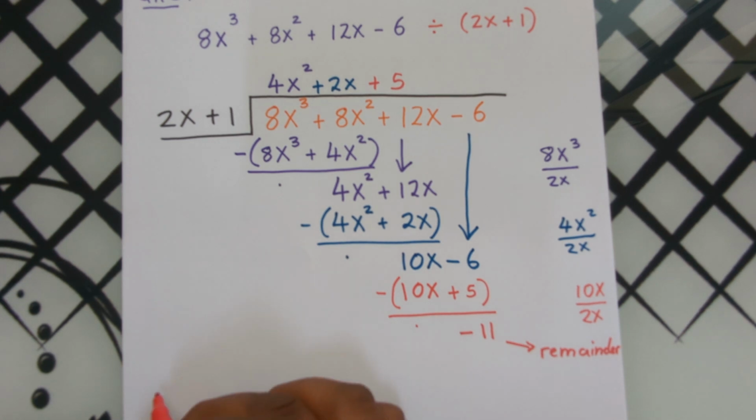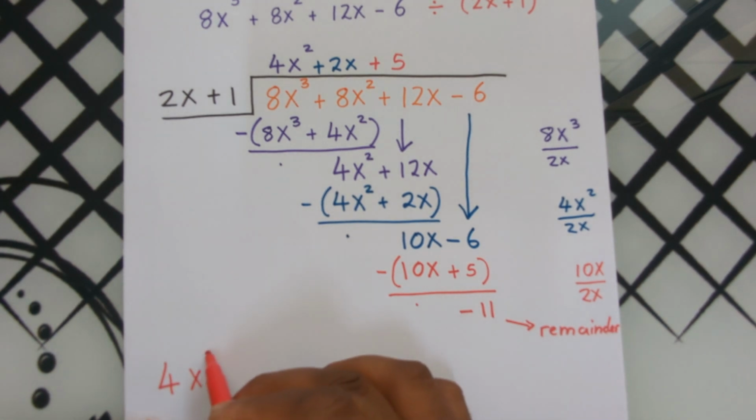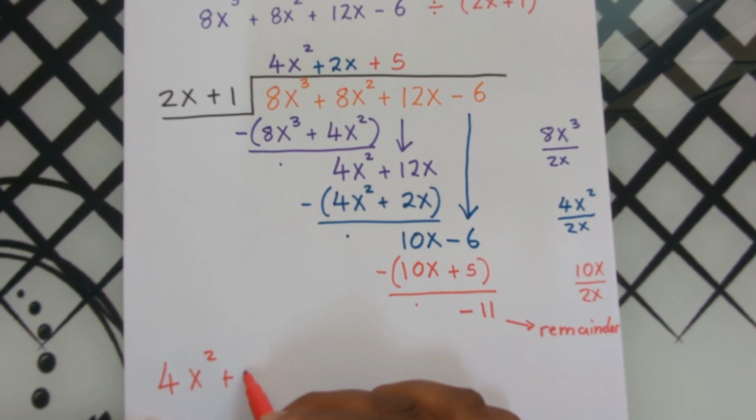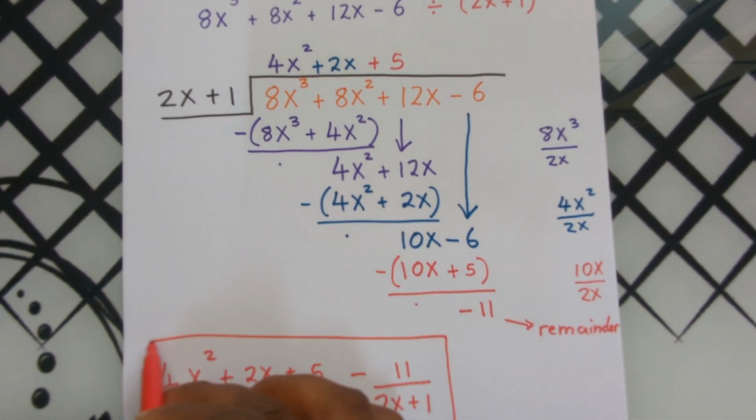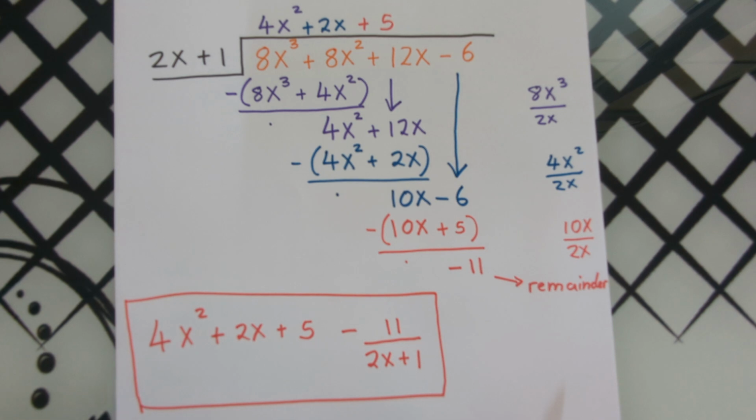It is going to be 4x to the power 2 plus 2x plus 5 with our remainder of negative 11. So we put our negative 11, and underneath we put our divisor, which is 2x plus 1. So this is the solution to this particular question.